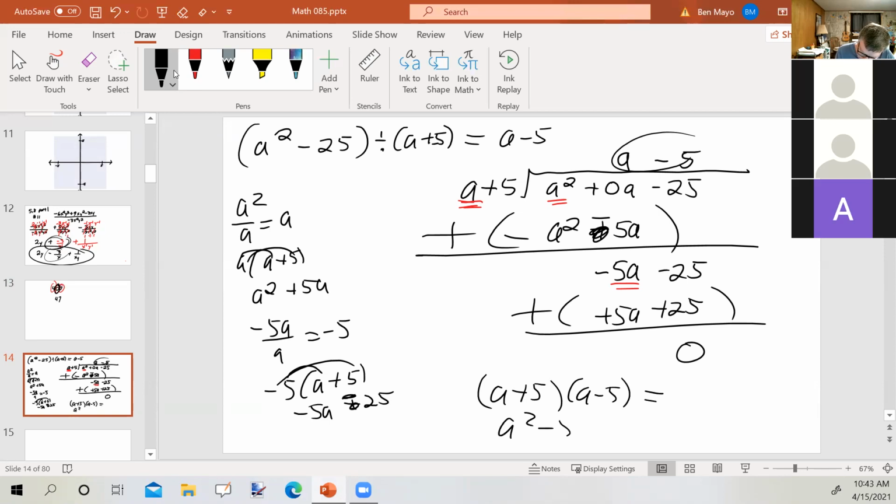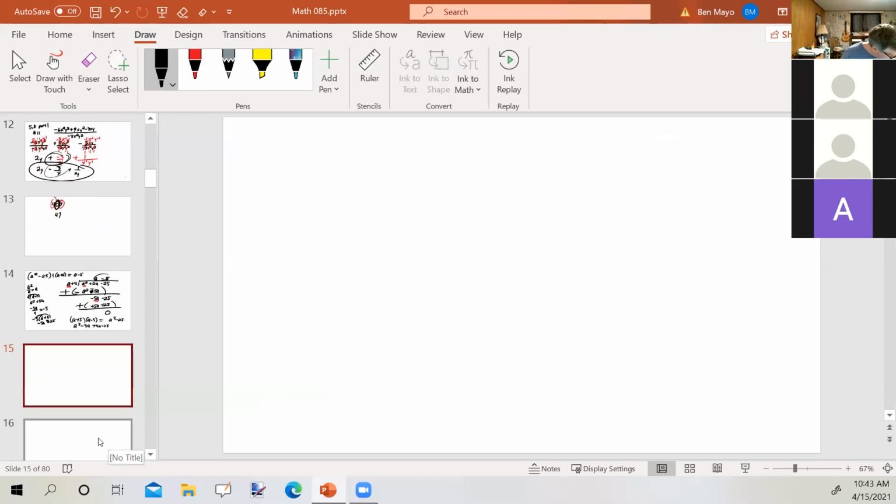A squared minus 5a plus 5a minus 25. And it works. Okay, so what do we do there? We put in missing powers of that polynomial inside. Okay. All right, let's take a look at another example.